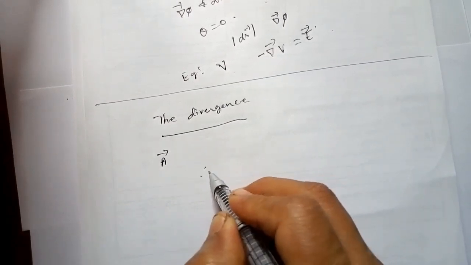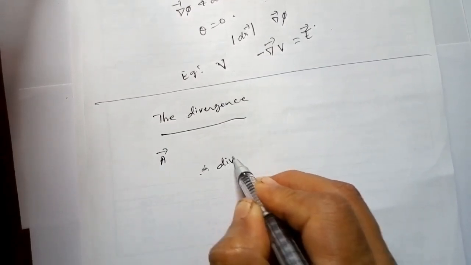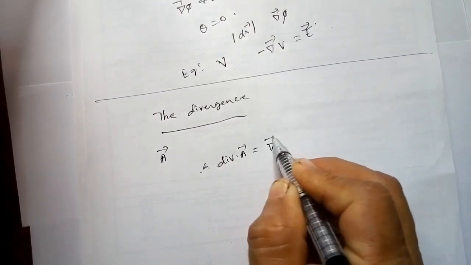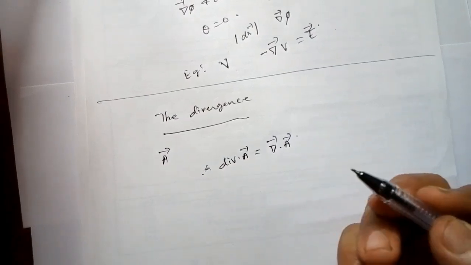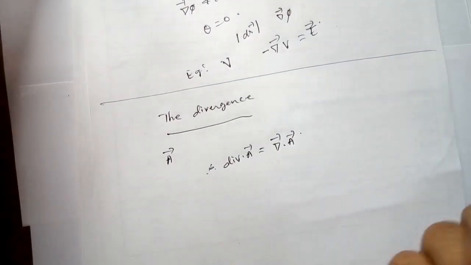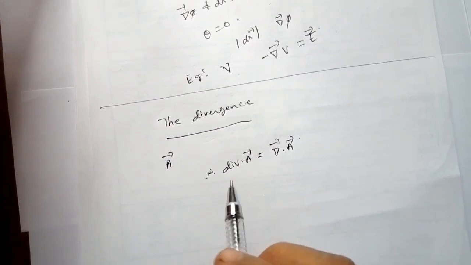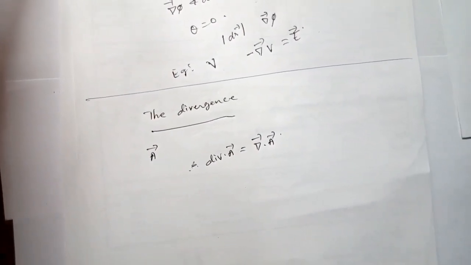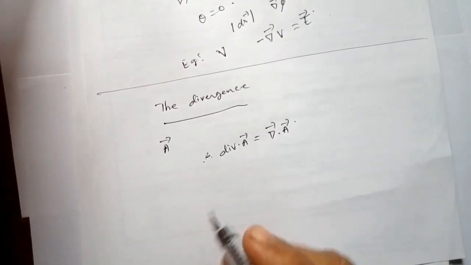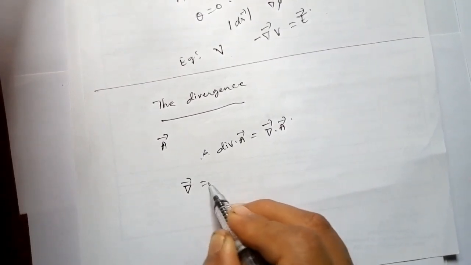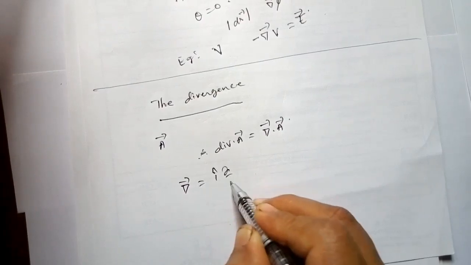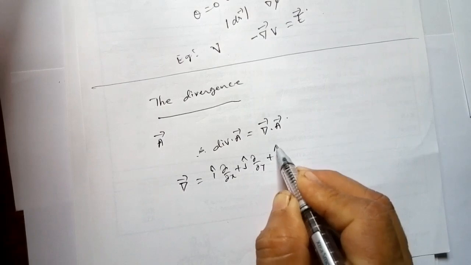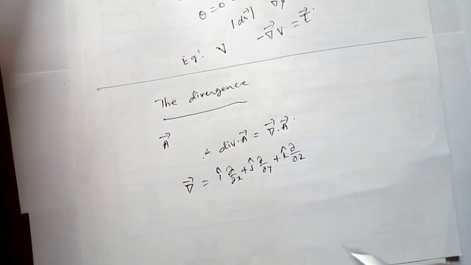I will simply write it as div A, divergence A, that is del dot A. We know del is nothing but i cap dou by dou x plus j cap dou by dou y plus k cap dou by dou z.